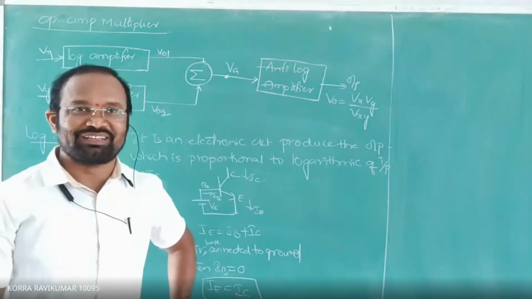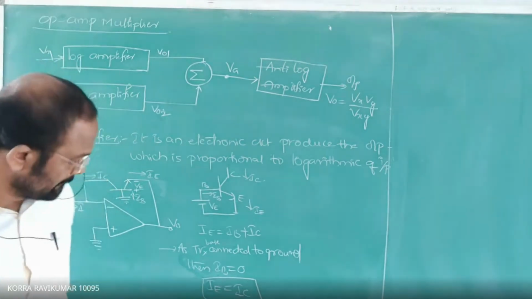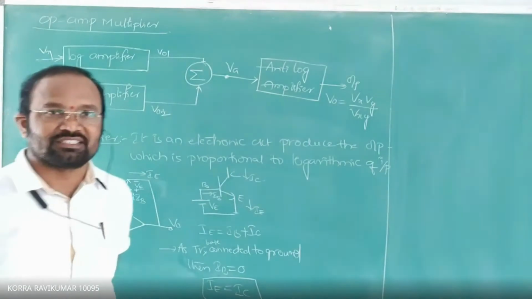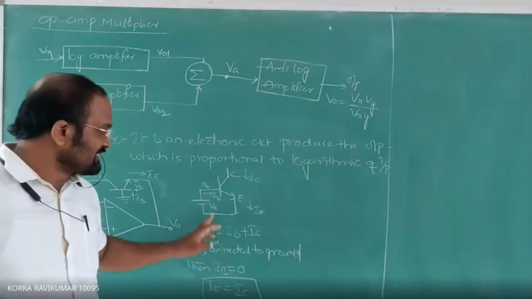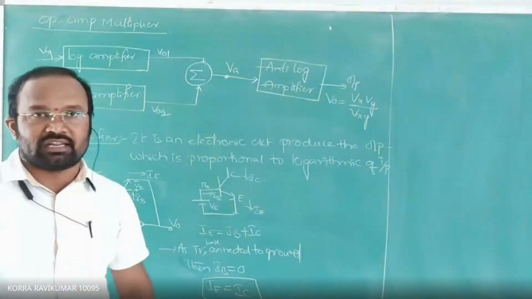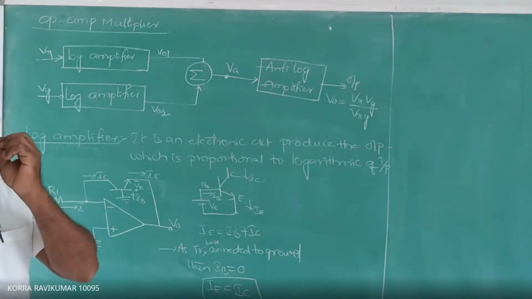Hope you will prove it by giving the answer to this question. Yes, toppers of A section and B section. What is the equation for emitter current when the transistor is in either active region or saturation region?